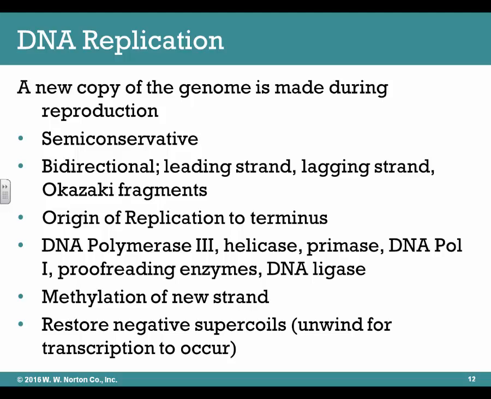So before I go on to talk about these changes due to mutations, I just wanted to review what DNA replication is like, especially in bacteria. So the process of DNA replication occurs in bacteria during binary fission, when the bacteria are dividing.